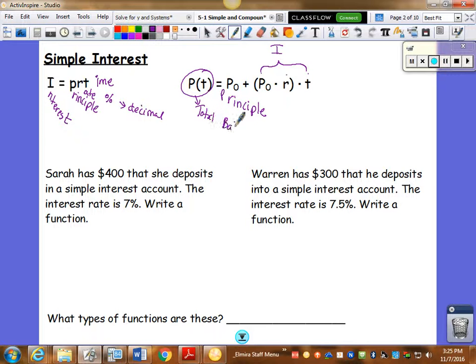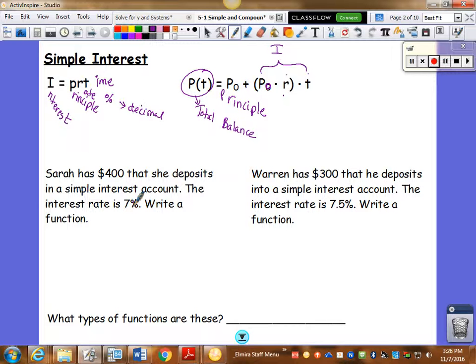This takes our I equals PRT formula a step further. It looks a little different because instead of just saying P for principal, they say P sub 0, and anything sub 0 means the starting amount. So it's basically the principal plus the interest equals your total balance.